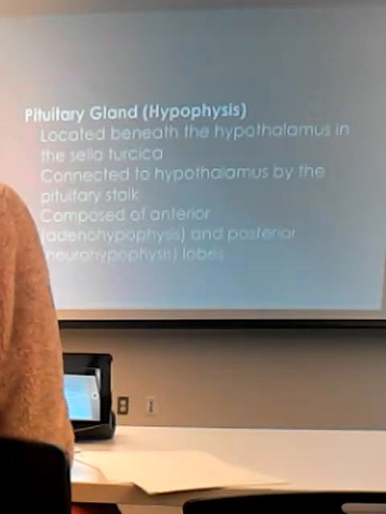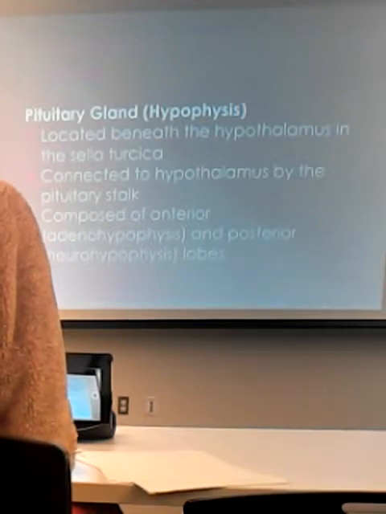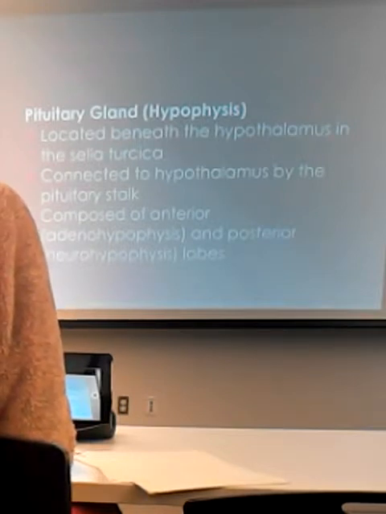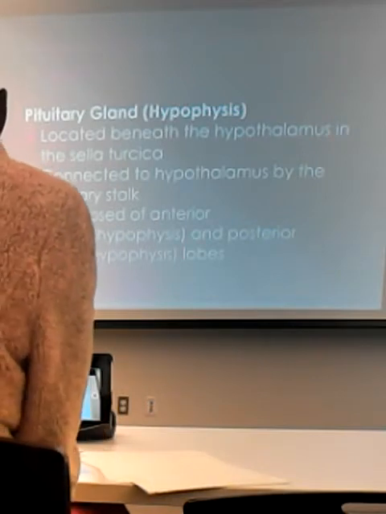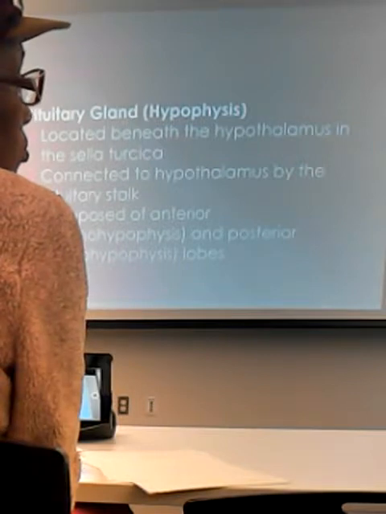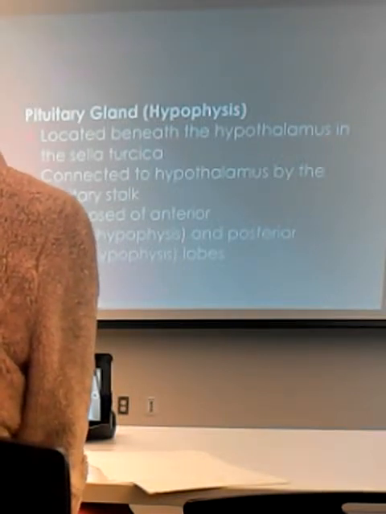There are 2 lobes to the pituitary. There is the anterior pituitary, or the adenohypophysis. I want you to know both names. And there's the posterior pituitary, or the neurohypophysis. So listen, guys. How does the hypothalamus interact with the anterior pituitary? Through blood vessels.